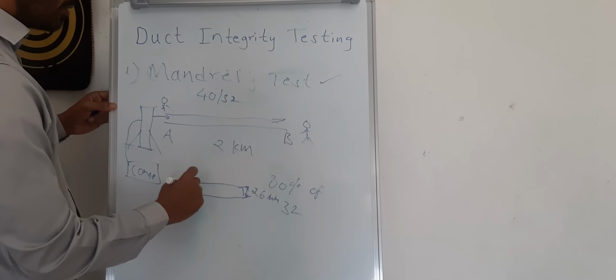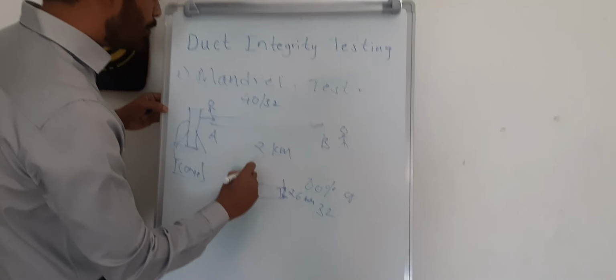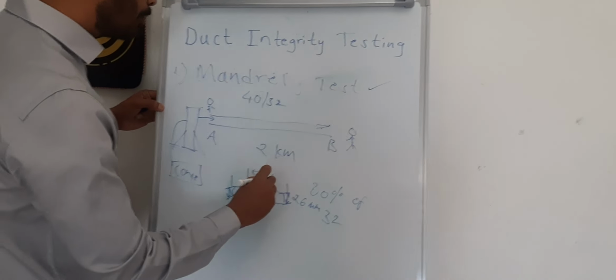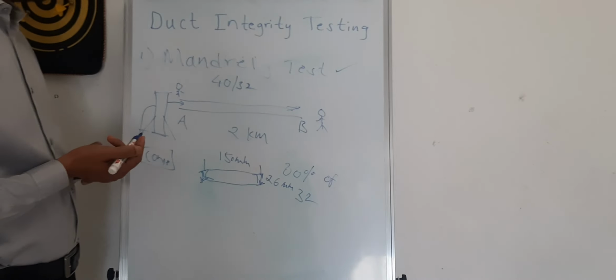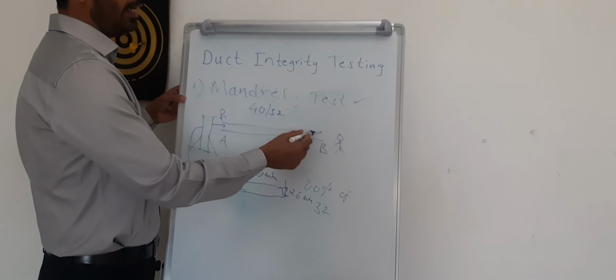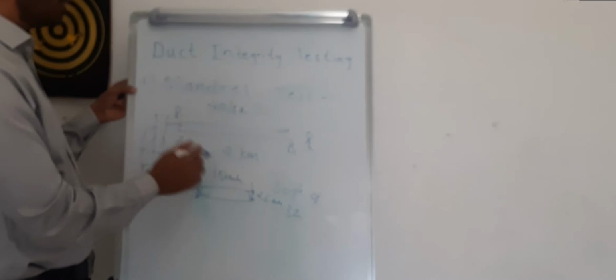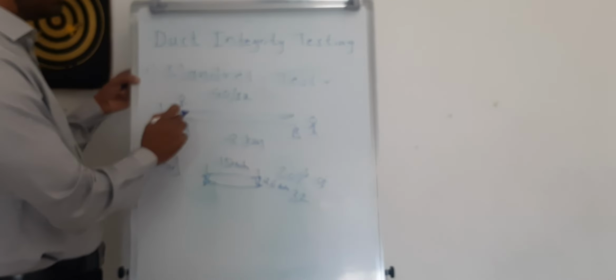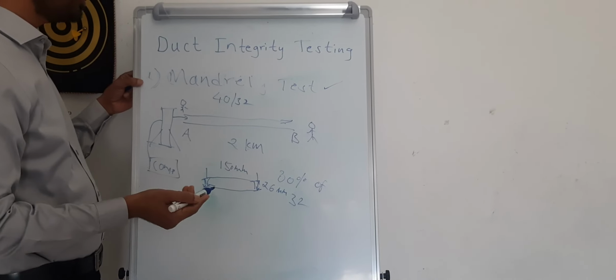Length of around 120 to 150 mm should be good enough. In this test, first of all, end B has to be secured with a catch net, so that when the shuttle is blown from end A, it shouldn't hit the person who's at end B.